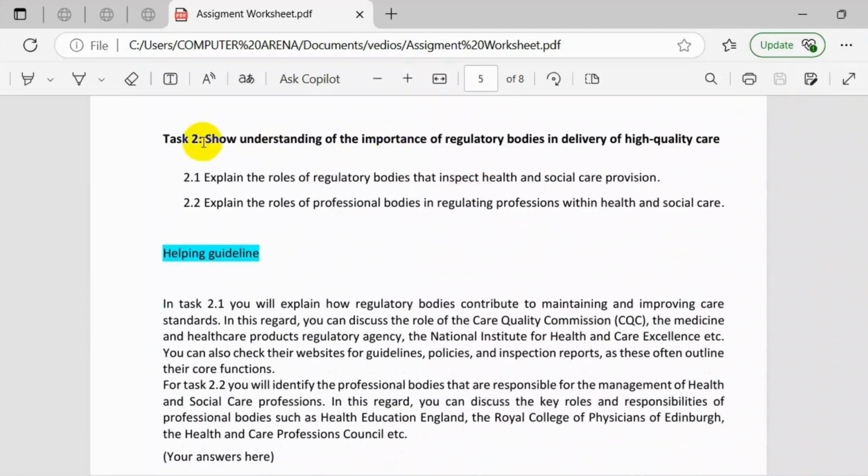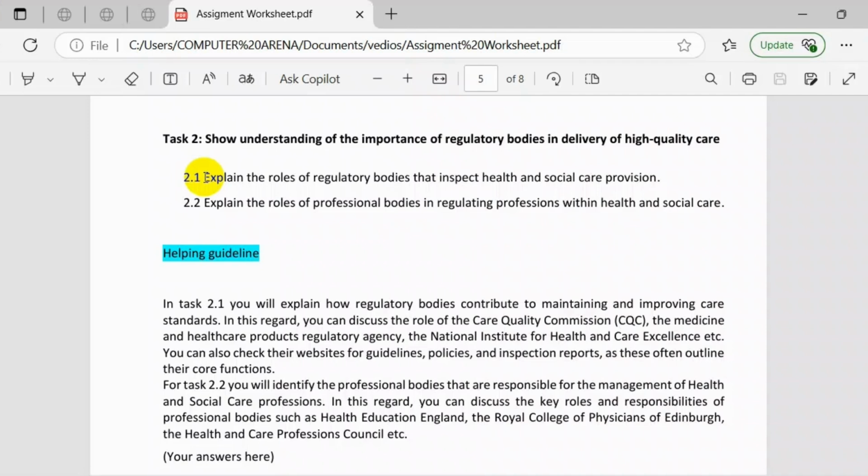Again, this is learning outcome 2 for the unit, and under this you have to explain the roles of the regulatory bodies as well as the roles of the professional bodies within health and social care. First of all, you have to identify what regulatory bodies and professional bodies are working within the field of health and social care.